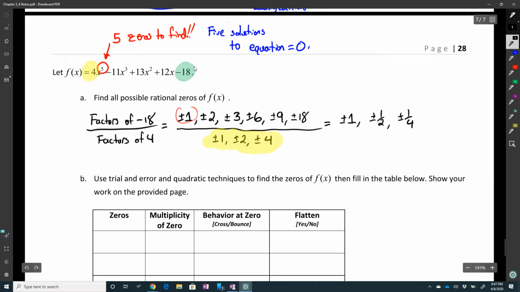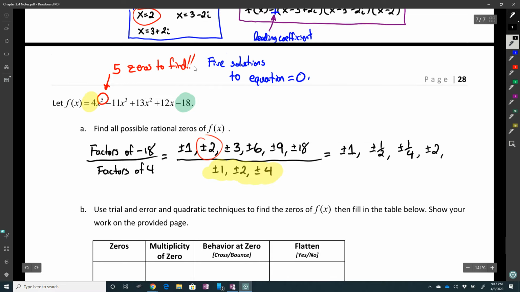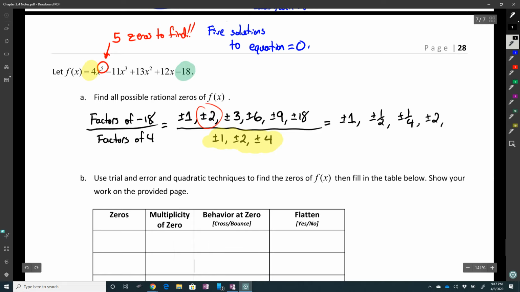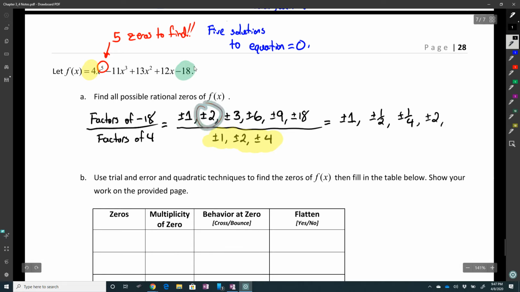Okay, then I'm done with that one. I move on to the next one. 2 over 1 is 2. 2 over 2 is 1. I already have it. 2 over 4 is 1/2. I already have it.